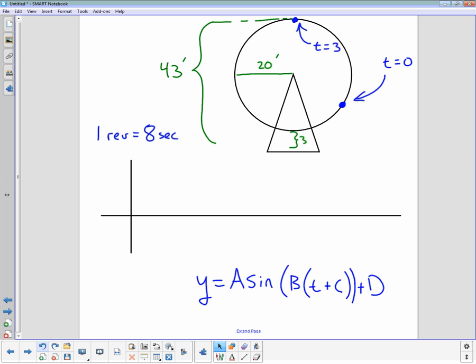All right, so first of all, we know what A is. A is 20. What would D be? If it was 3, which is a reasonable thing to start with, that means that I would go up a maximum of 23 and then go plummeting 17 feet underground.